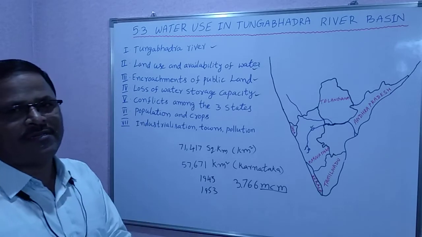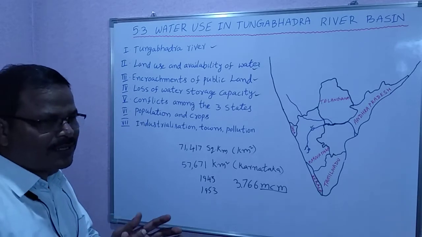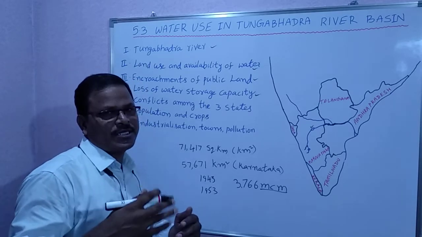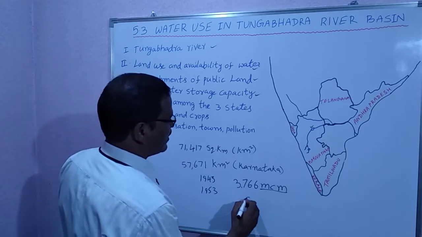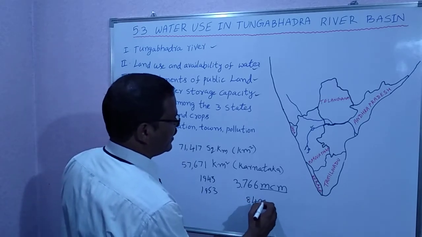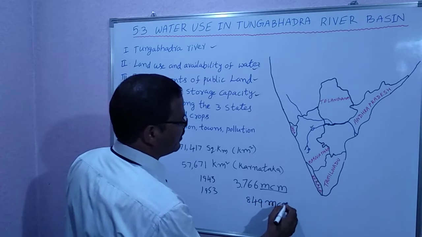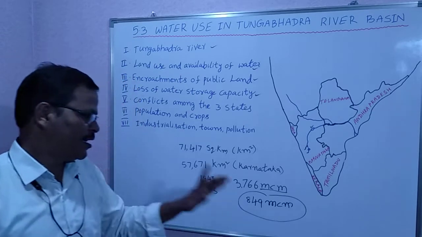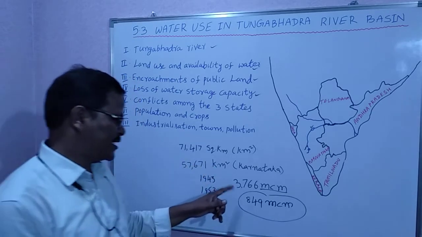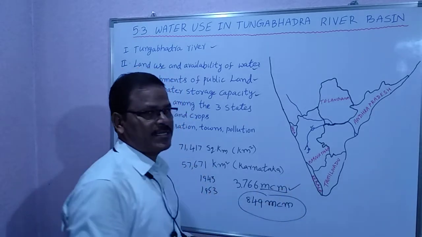In these 50 years, the Tungabhadra reservoir lost its water capacity by as much as 849 million cubic meters. This is the total capacity before 15 years.